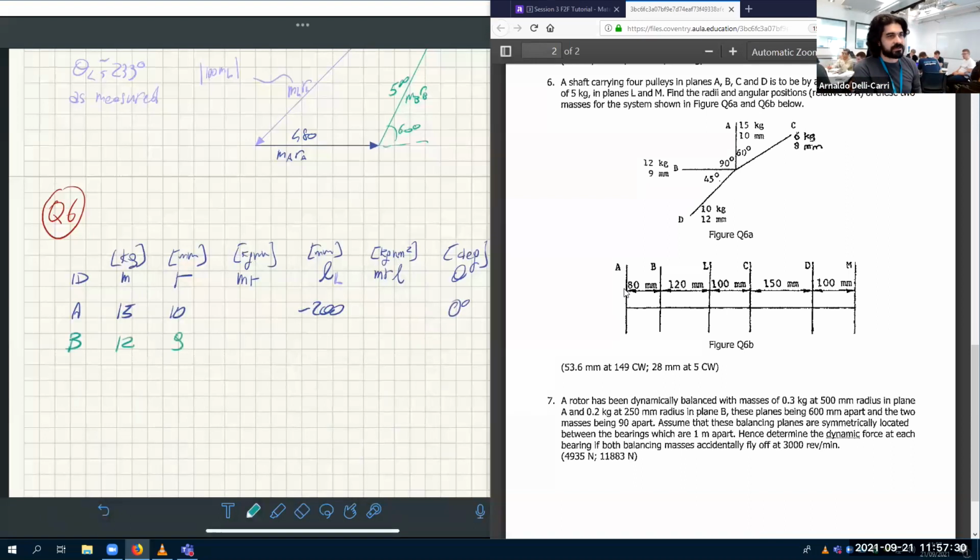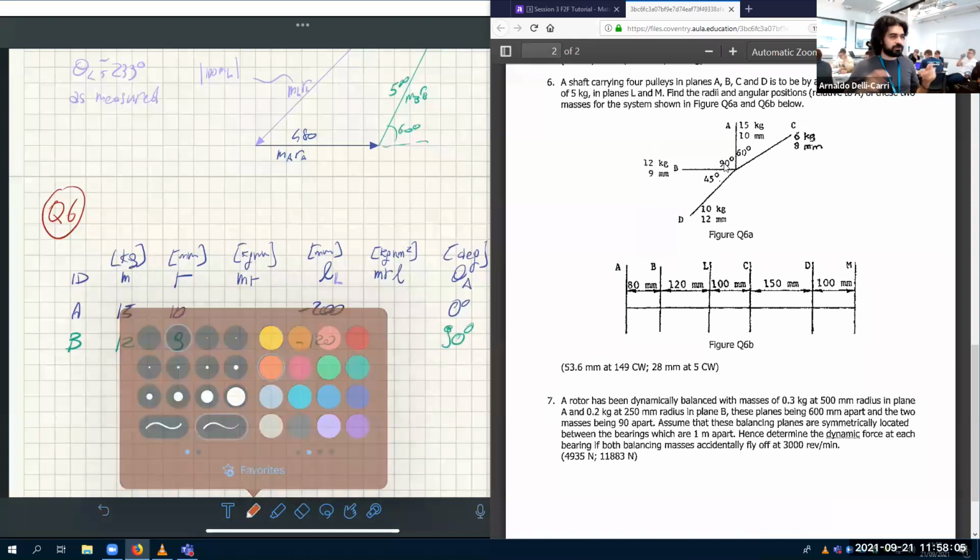And it's at a plane which is minus 120 from L. And what's the angle from A? 90 degrees. There you go. So theta is with respect to A. It doesn't matter. You don't need to choose the same reference. You have one angle reference and one axial reference.